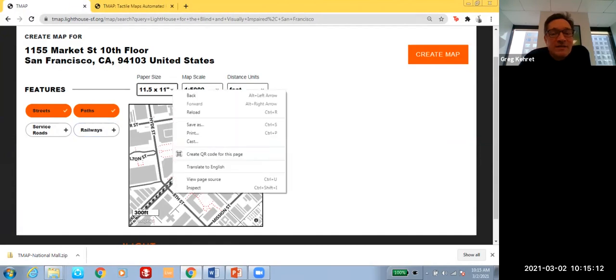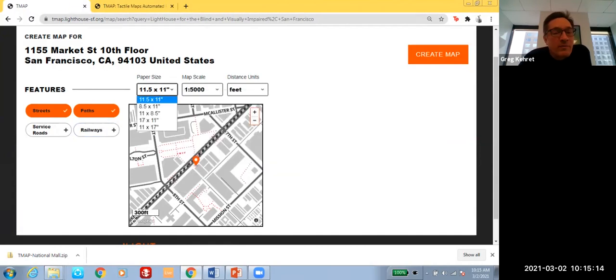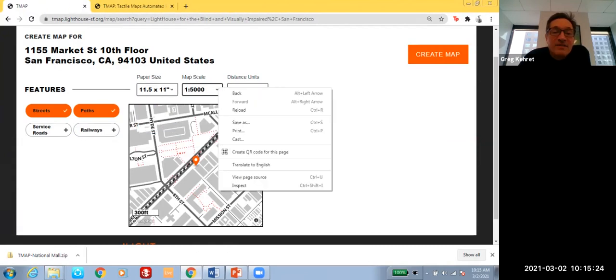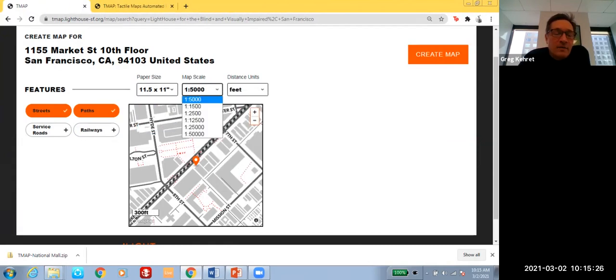We have our paper sizes. The default is our standard Braille paper, the 11-inch square that we're all familiar with. There's also letter size and tabloid as well. And then map scale. I have a hard time speaking intelligently about map scale because I don't quite understand these divisions.